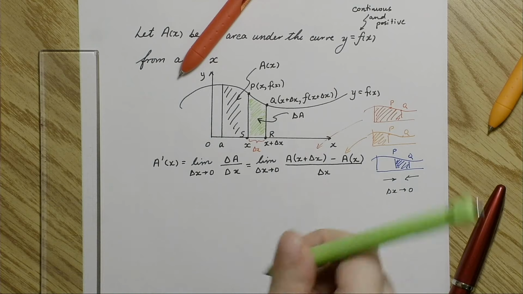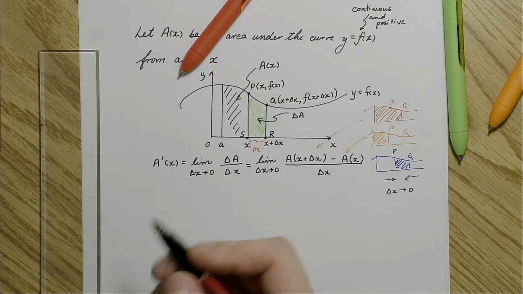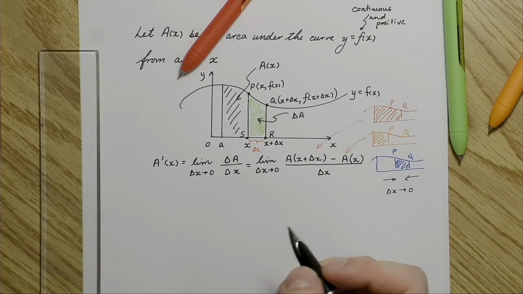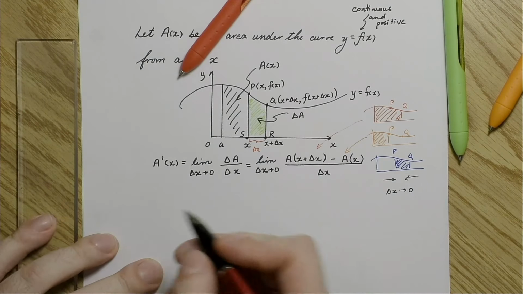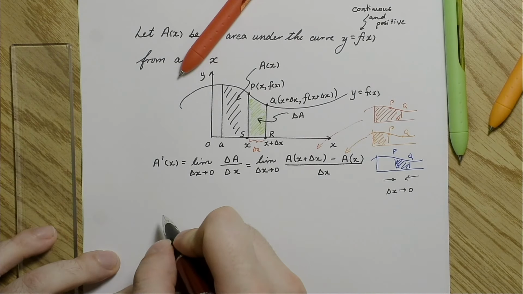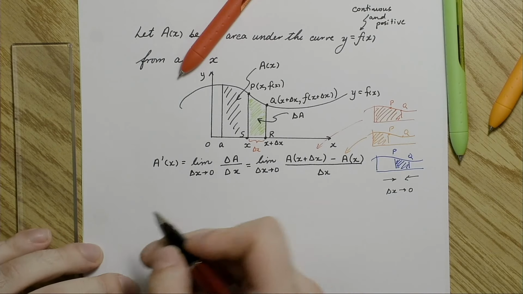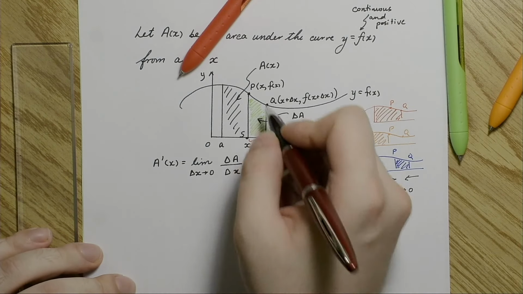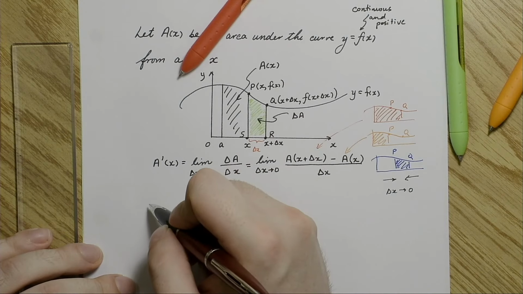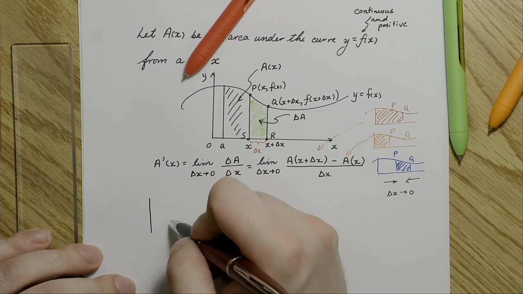This lime green area, we can actually approximate that by using the trapezoid.